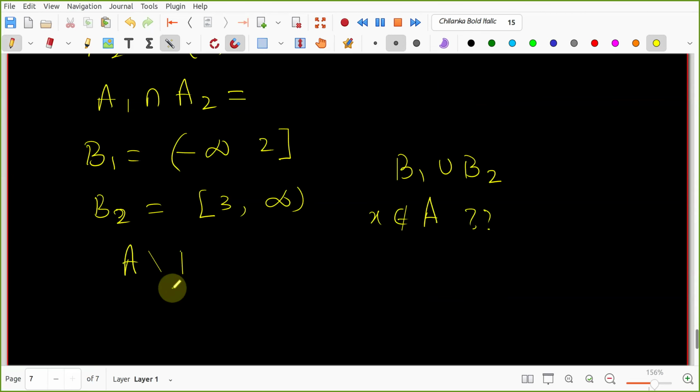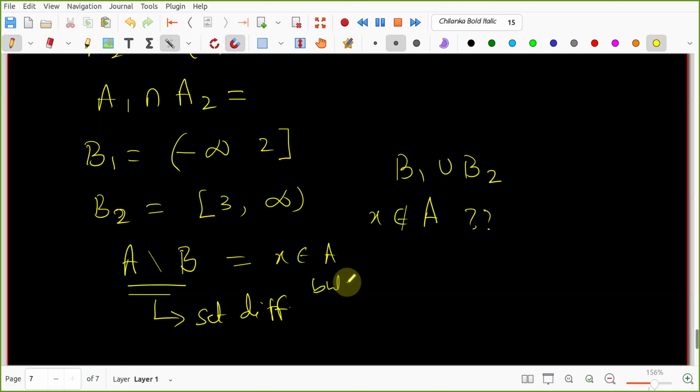It means x is in A but x is not in B. It is the set of all those elements which are in A but not in B. That is called set difference. I'll explain it in a better way later.